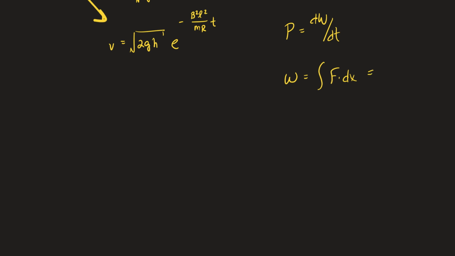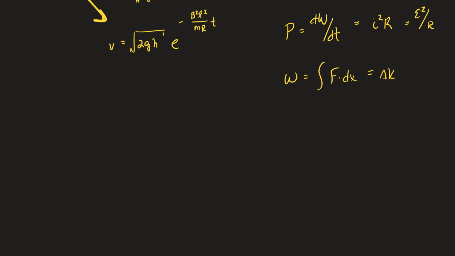And its net work will be the change in kinetic energy. Power is also defined as I squared R. These are all the definitions. Right, so in this function, we have I squared R. We also could define it as EMF squared divided by R.